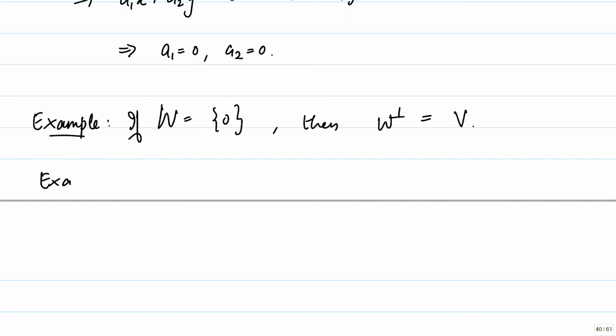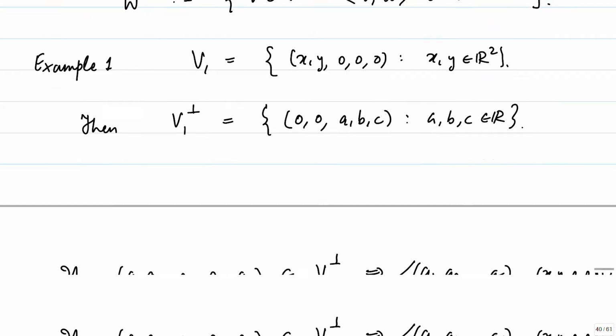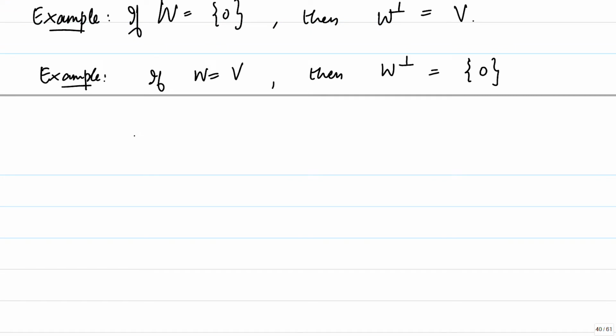Another example would be to check that if W is equal to V, the entire vector space, then W orthogonal, we should sit back and think about what this is going to be equal to. We will come back to it a few minutes later, or maybe you should pause and think about it, and then see that the answer is the 0 vector space. The reason for that is, see what are the vectors in the orthogonal complement of W. This will be those vectors which are orthogonal to every vector in capital W, right.